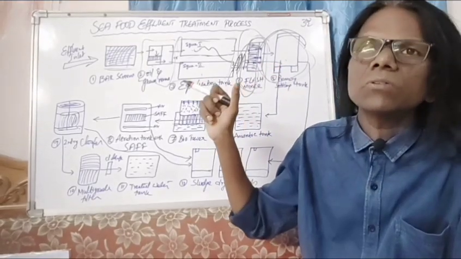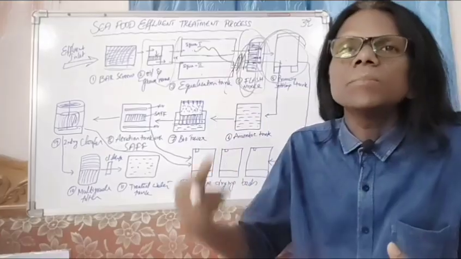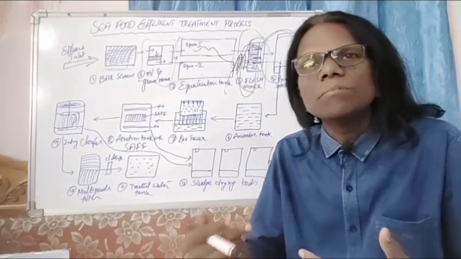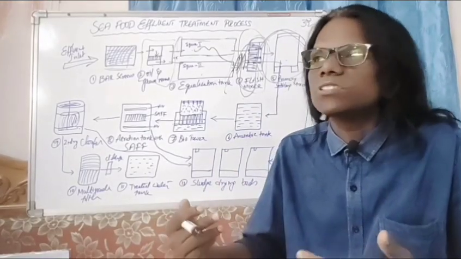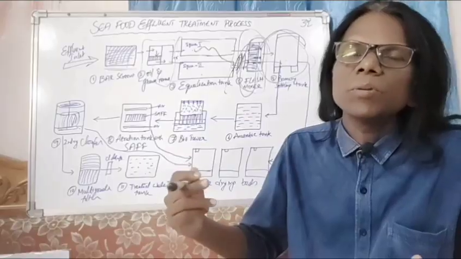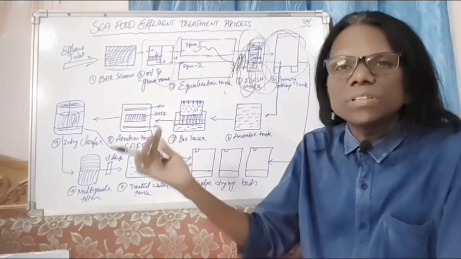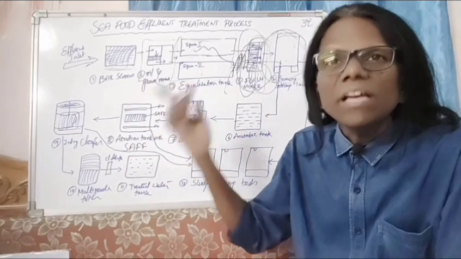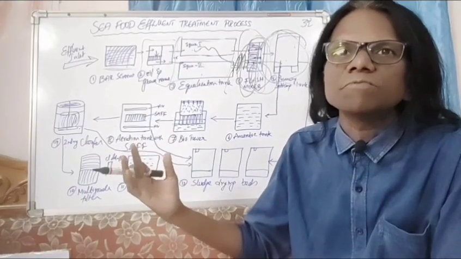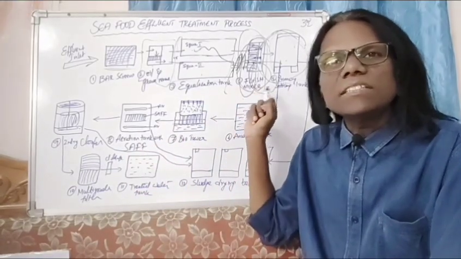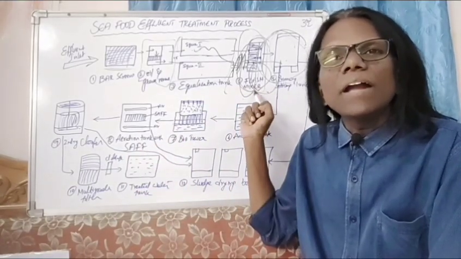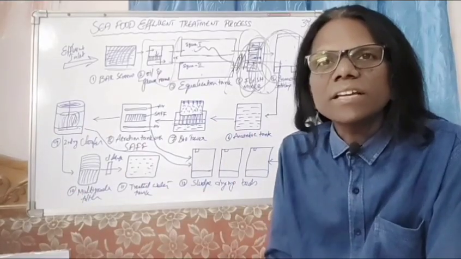Before the wastewater goes to the biological system, the settleable solids are removed as sludge and the floatable solids, which are nothing but scum, are removed by skimmers. On the top of the primary settling tanks, skimmers remove the floatable solids, and the bottom sludge is removed and diverted to the sludge drying bed.